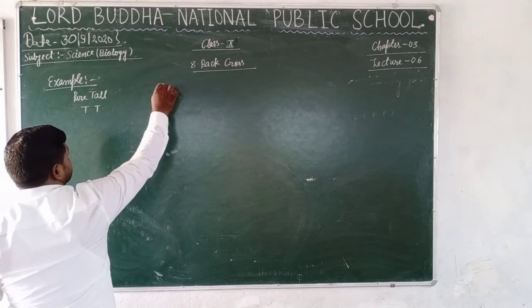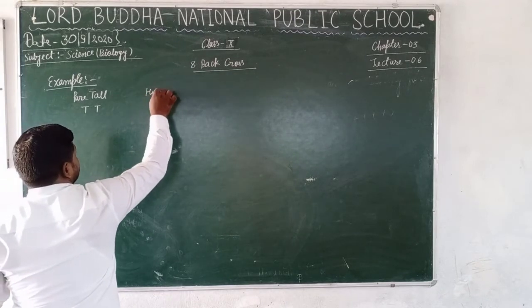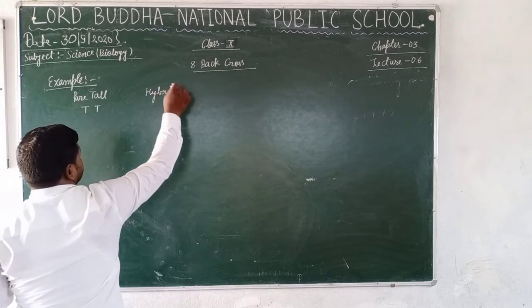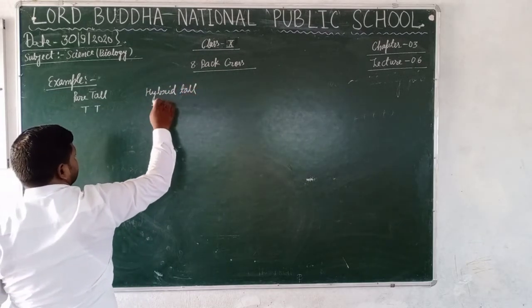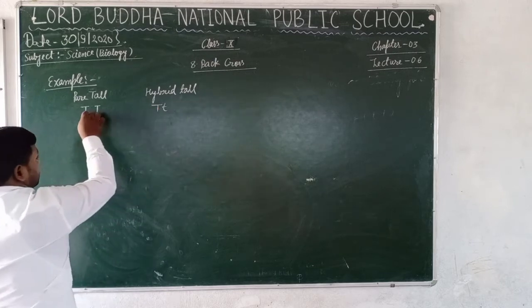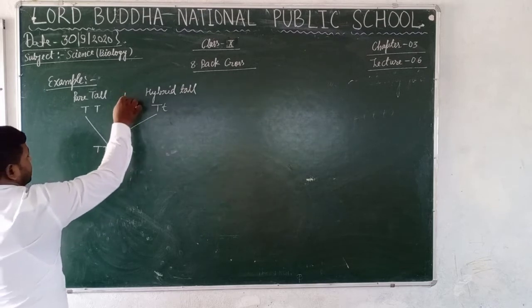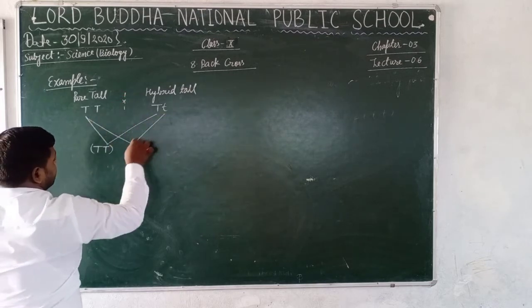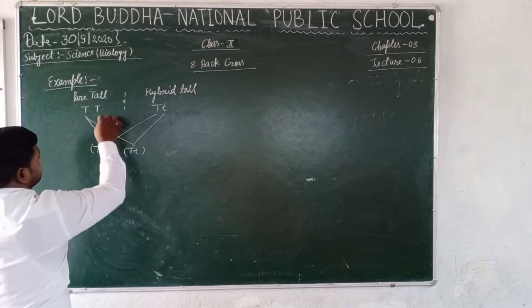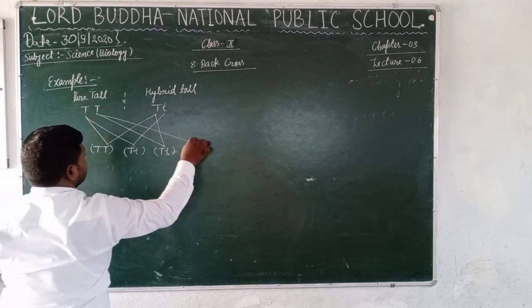Here I will take the individuals of the F1 generation that are hybrid tall, taking the alleles for the height of the plant stem. Then after cross hybridization, we obtain the result capital T small t, and here capital T and capital T small t.